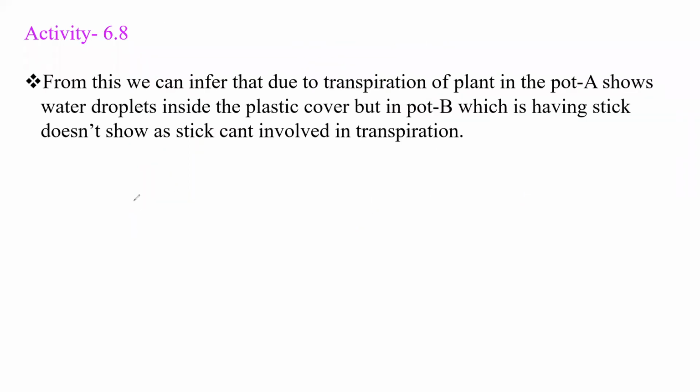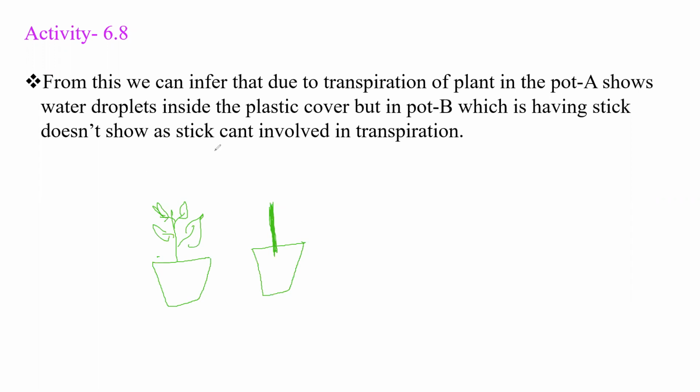Two pots. One is with the plant, another one is with a stick. It's a very easy activity. One pot with the plant, another with just a stick, not a plant.